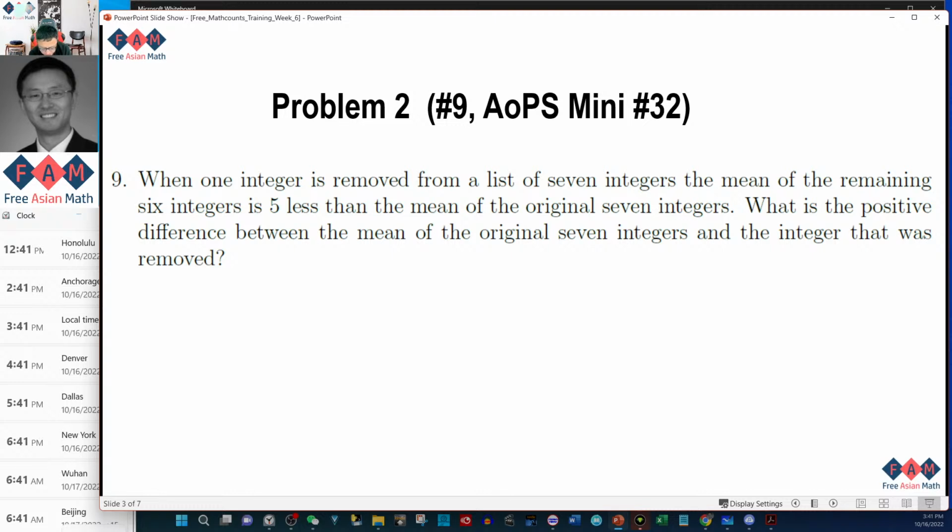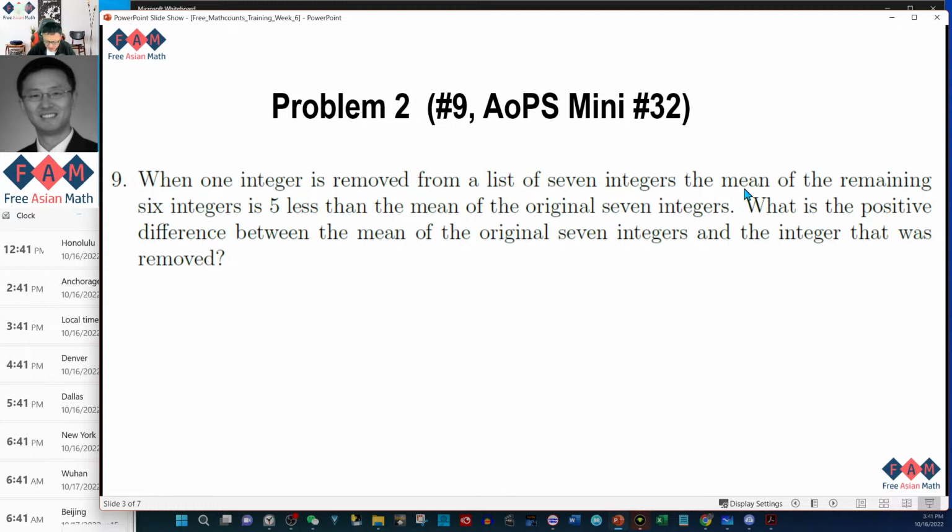But you are asked to compute the difference between the mean of the original 7 integers and the integer that was removed. So you need to be very careful when reading what exactly is being asked for. Otherwise, you may do some actual work and even get terribly confused.